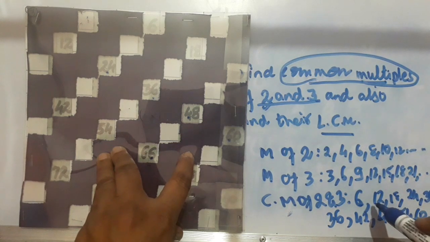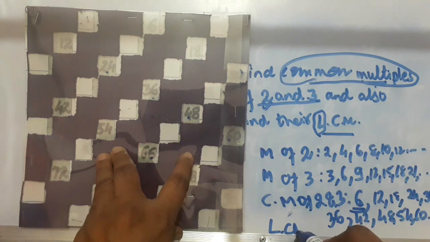These were the common multiples of 2 and 3. Out of these numbers, which is the smallest, that is, which is the least common multiple, that is 6. So 6 is the LCM of 2 and 3.